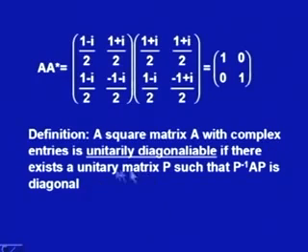So, the basic difference is, for a diagonalizable matrix we should have an invertible matrix P such that P inverse A P is diagonal, but the difference here is that the matrix P is not only invertible, but it is a unitary matrix. So, if we can find such a matrix P, then we say the matrix A is unitarily diagonalizable.